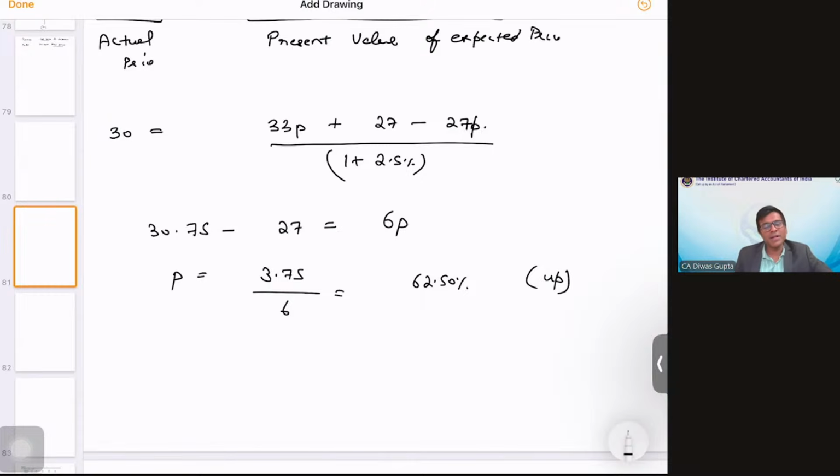Correct? It is the similar result as in the previous method. And 1 minus p is 1 minus 62.50 percent, which is 37.50 percent, the probability of prices going down.